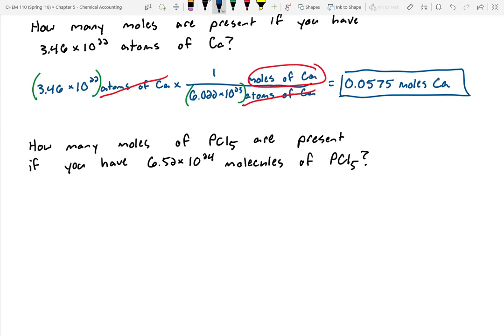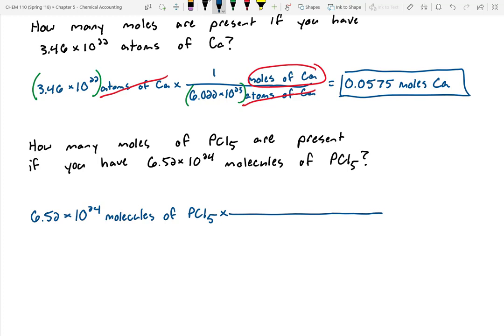The next one, we've got 6.52 times 10 to the 24th molecules of phosphorus pentachloride.